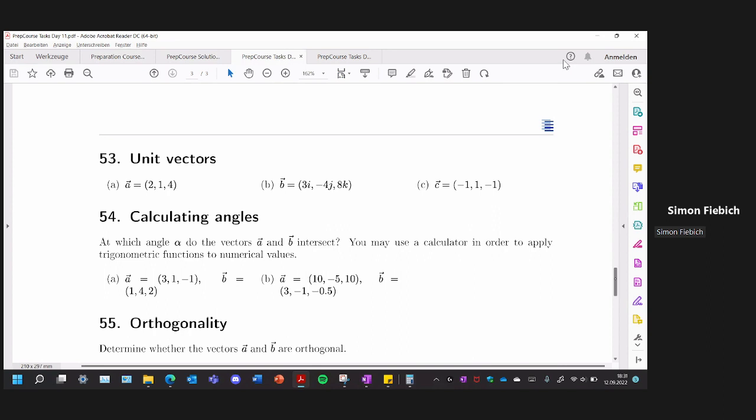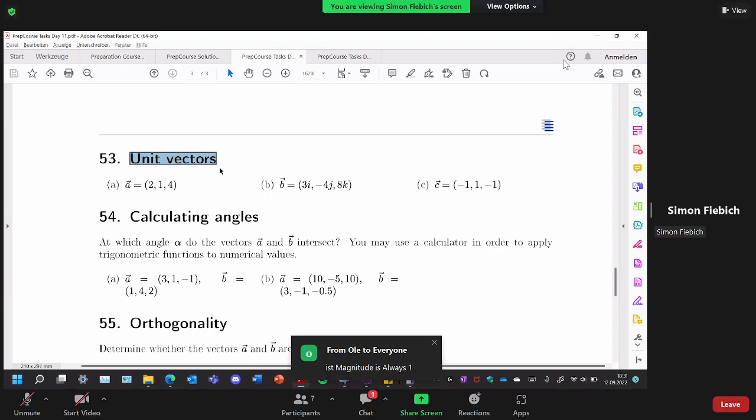So can anyone give me the special property of a unit vector? Why is it called unit vector? Who remembers the special property of a unit vector?